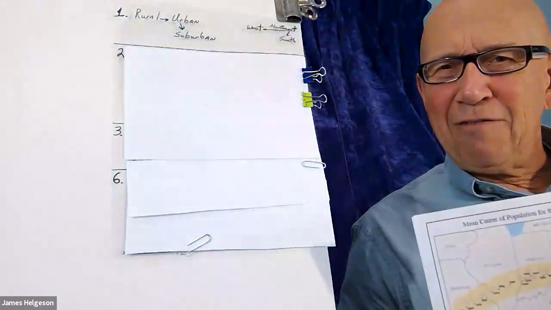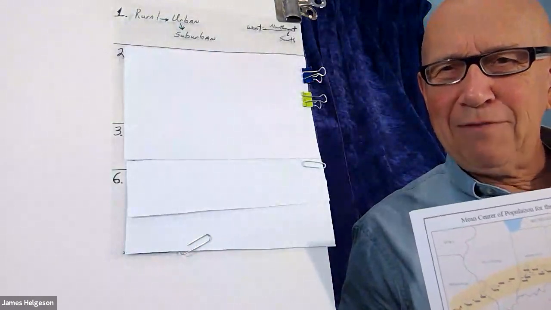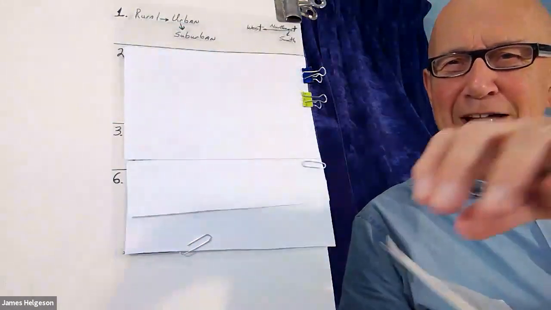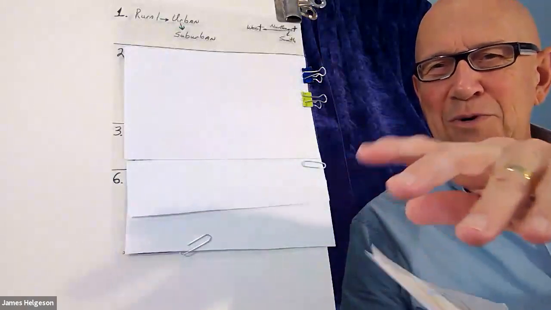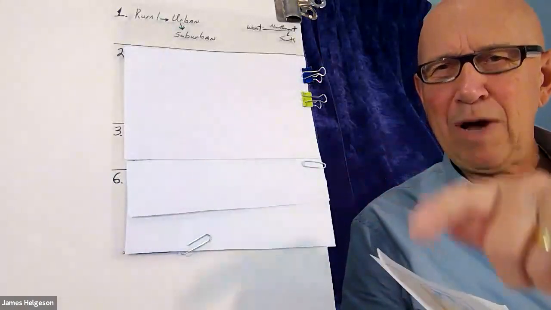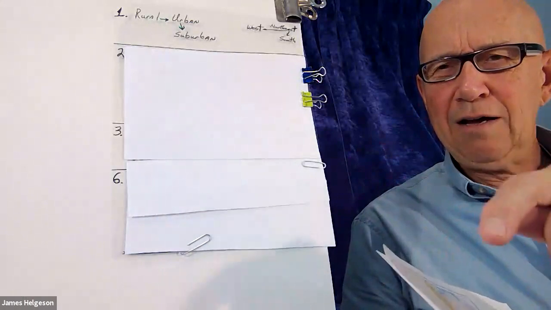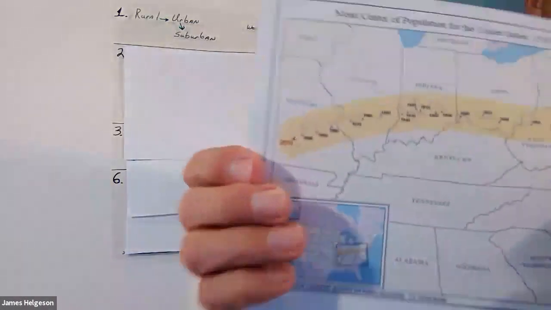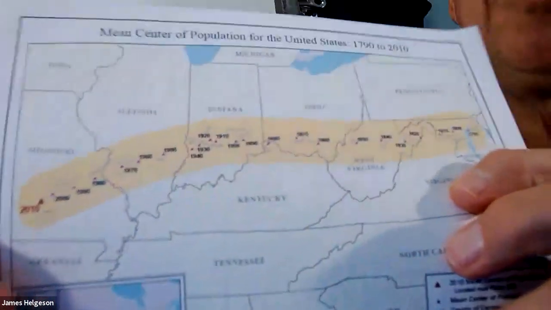This is the center of population gravity in the US. It's like if you could balance the US at a certain point, here's where the balance point would be, looking at the population of the United States. And so what you see here is this march westward.